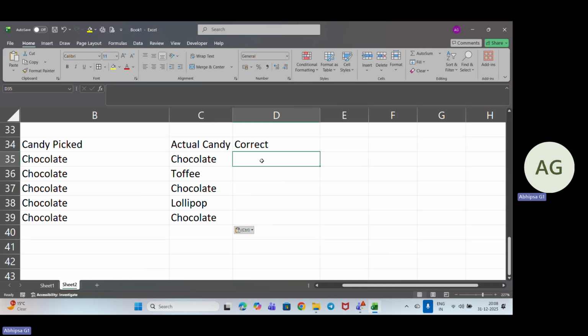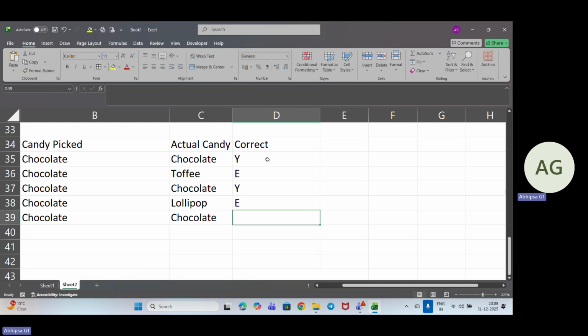Now about correctness. Of course, it is a chocolate, the actual was chocolate, so it is yes. Coming down, it is a chocolate, but it's a toffee. My model has taken it as chocolate, but actually it was not a chocolate. It is a toffee, so it's an error. Again, chocolate and chocolate, so it is yes. Again, chocolate with lollipop, there is an error.